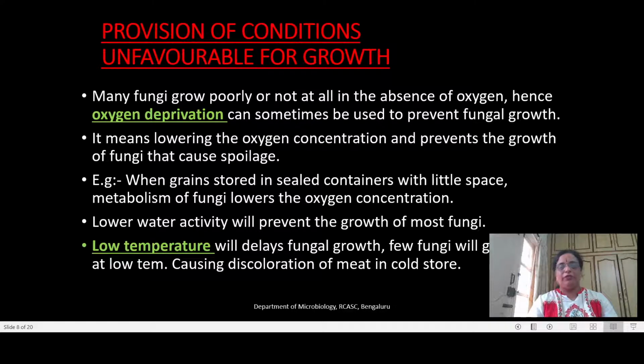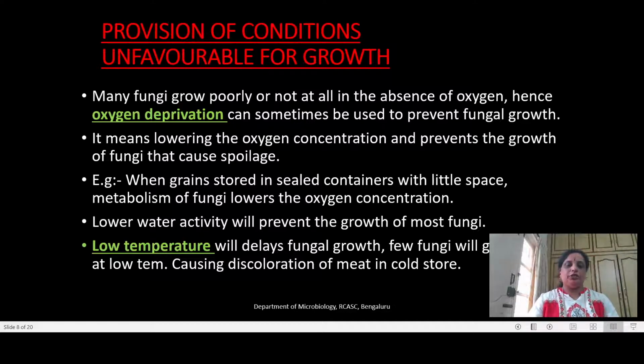Say for example, if we have to store grains or other things and there is some moisture, fungal growth happens. But if you dry those grains or food crops and keep them in an appropriate container, the fungal growth is avoided.